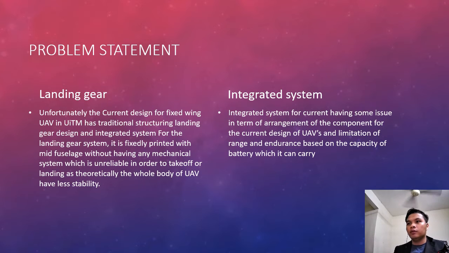For the landing gear, it is fixedly pinned with the mid-fuselage without any mechanical system, which is unreliable for take-off or landing, as theoretically the whole body of the UAV will have less stability. For the integrated system, the current design has some issues in terms of the arrangement of the components, and a limitation of range and endurance based on the capacity of the battery it can carry.